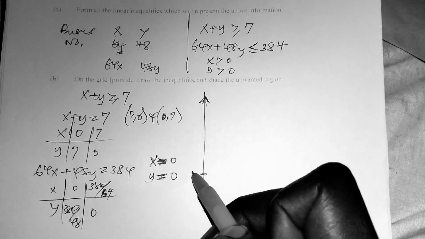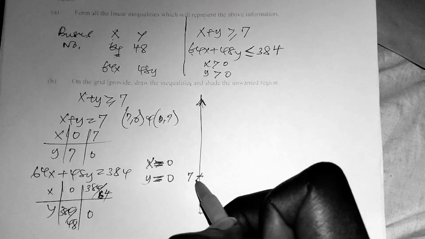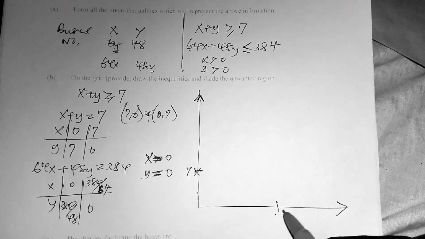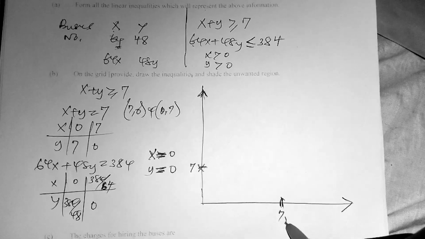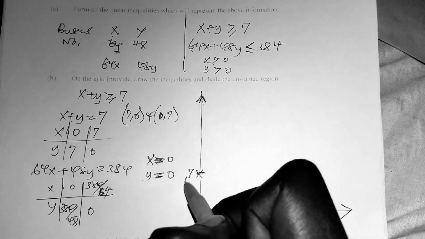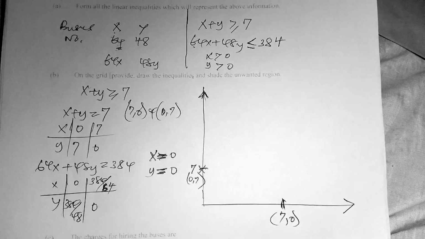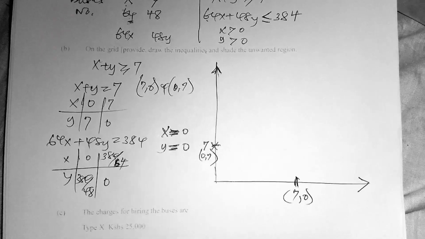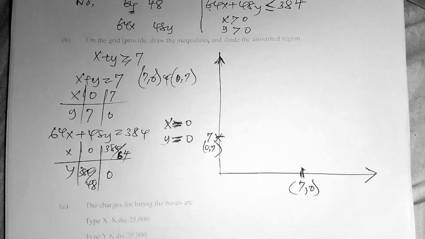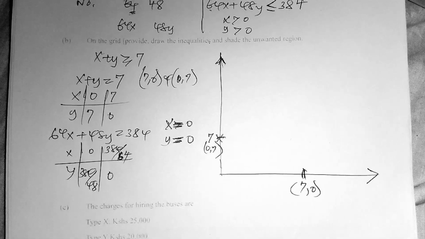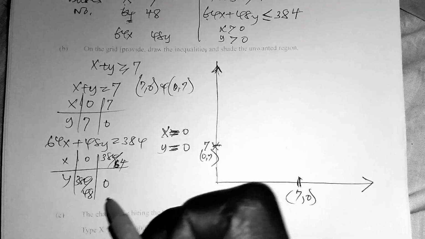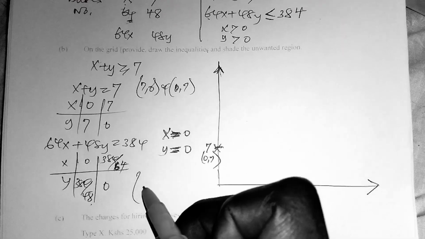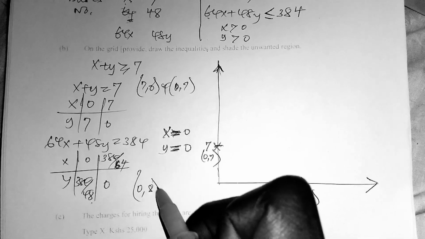One of them will be at (7, 0), then the other at (0, 7). For this other one, 384 divided by 48, I think this one will be 8, so it will be (0, 8).